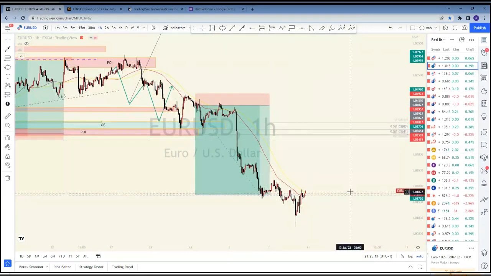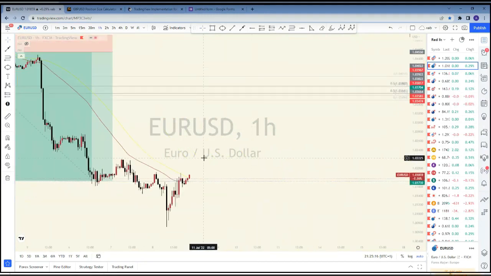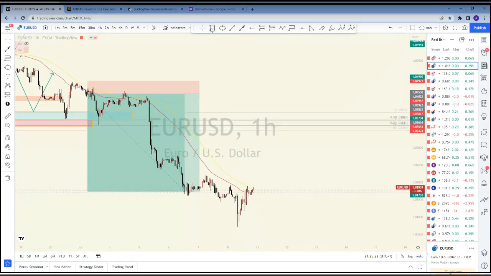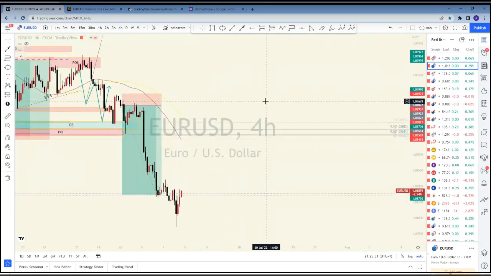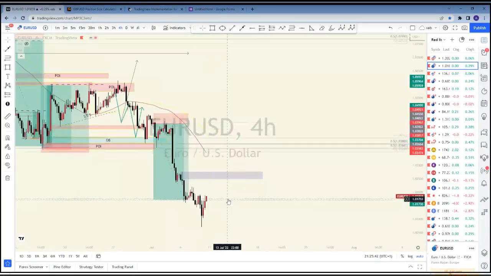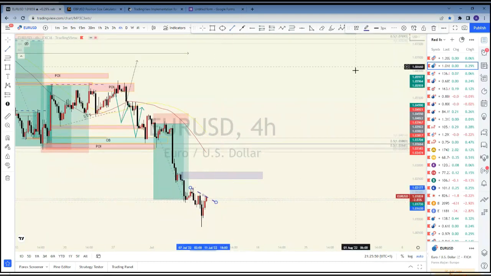As far as EURUSD is concerned, remember we talked about the fact that the USD could be a little bit weaker, but nonetheless, we also saw that the euro has broken below a major support. So for me, it's not yet a clear buy for the euro. What I would like to see is something along the lines of this playing out as a liquidity grab, a trendline liquidity grab.